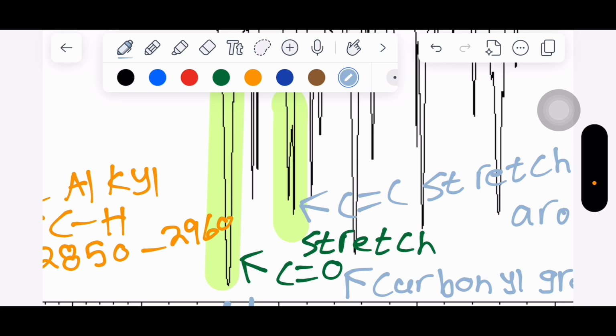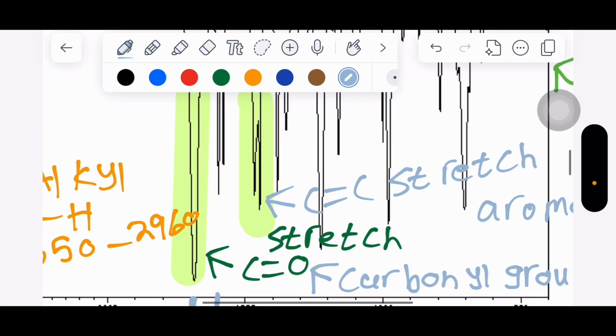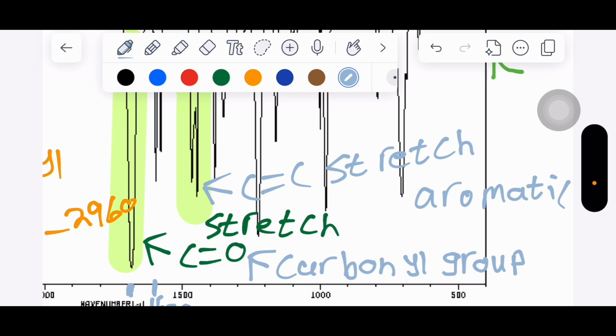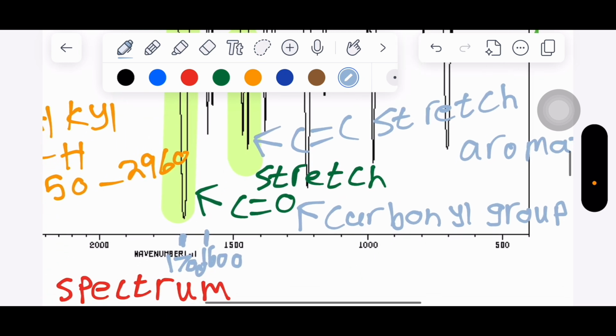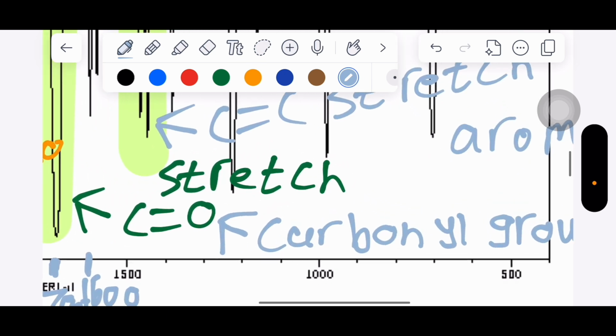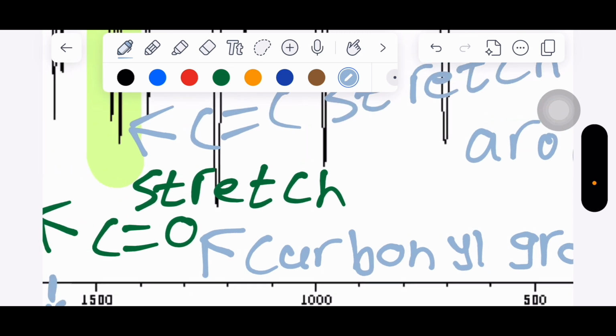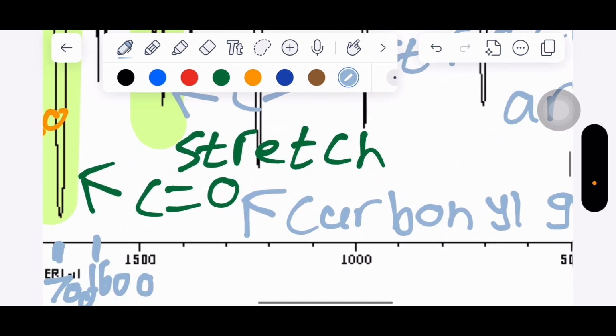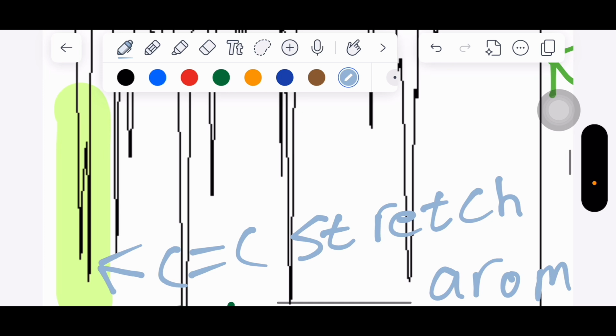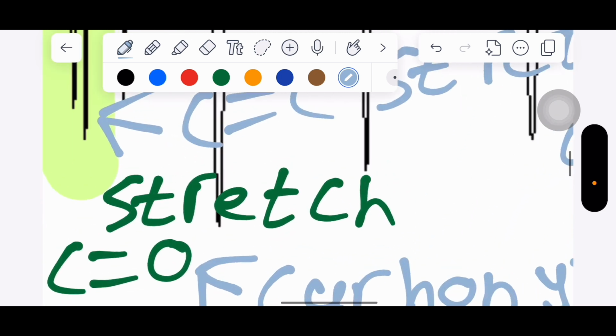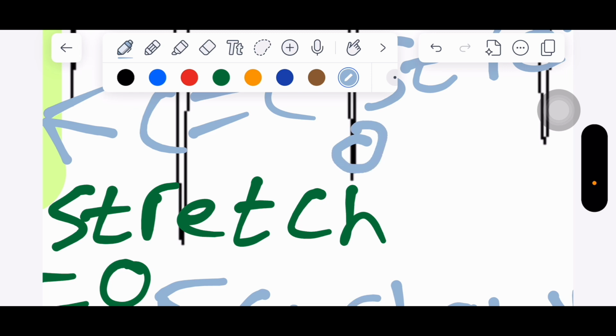There are also additional out of plane CH bendings between 700 and 900. Actually, I want to say it's between 700 to 900, I'm sorry.